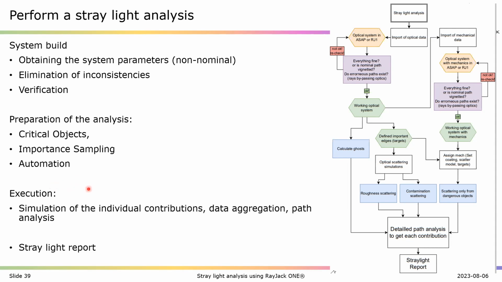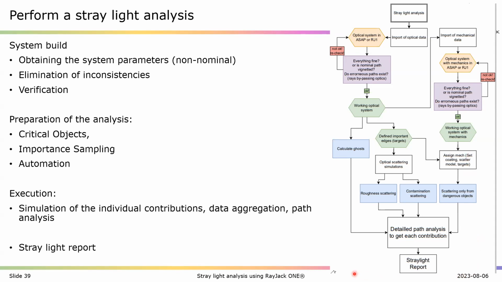Then you have to do the job. That means simulate, aggregate the data, perform path analysis, and analyze. And finally, you will have to write a Straylight report. And this still may take another few days, up to maybe 2 weeks, depending on the complexity of the system.